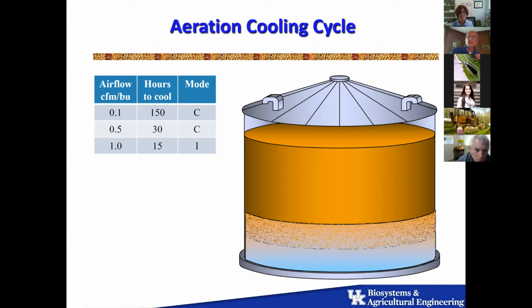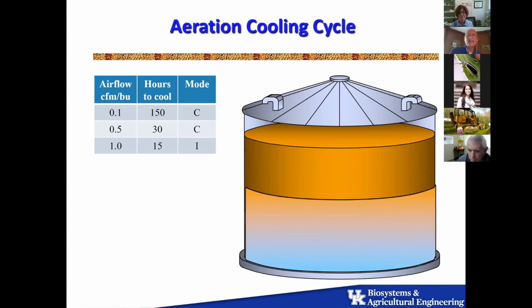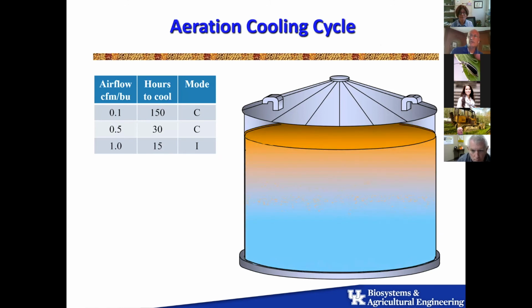So this is the closest thing I have to a video, an animated slide that Mike Bushamel put together some years ago, but I've been using it a lot to illustrate the movement of air through an aeration cycle. A good rule of thumb is if you divide 15 by the CFM per bushel, you'll get an estimate of the amount of fan time required to cool the grain completely in the bin.